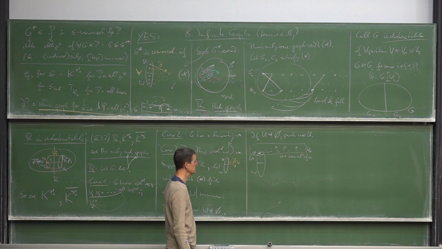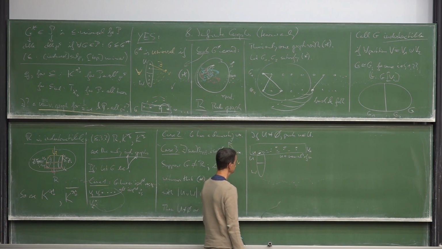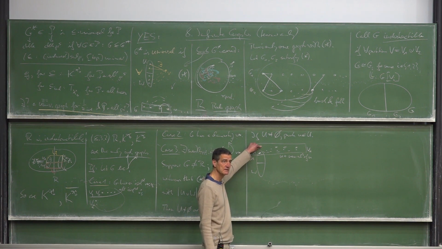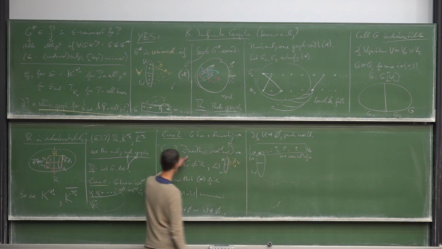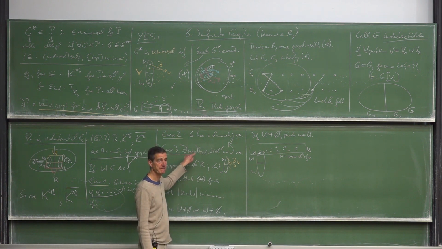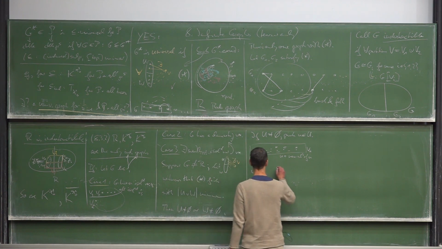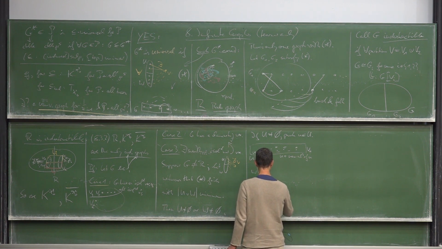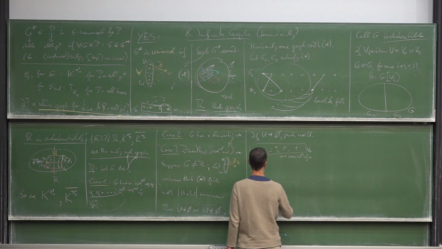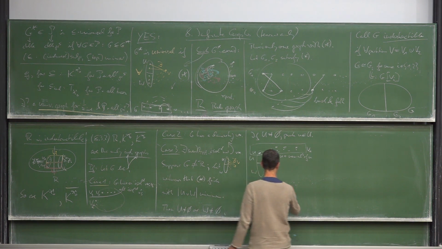And V2 is the rest. Then the top cannot be isomorphic to the whole graph because it has an isolated vertex, u. And our graph doesn't have an isolated vertex because we're in case 3. So then G2 is isomorphic to G.